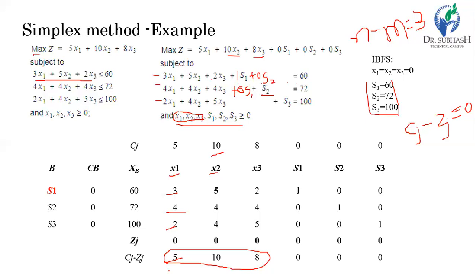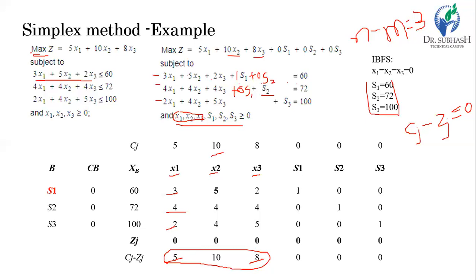Now, to decide which one to choose, again apply the practical approach. If you choose x1 in the basic variable, it is capable of increasing your profit by 5 units. If you choose x2, it is capable of increasing it by 10 units, and if you choose x3, it is capable of increasing your objective function by 8 units. But here our objective function is a maximization case, so we always try to get the best possible solution.